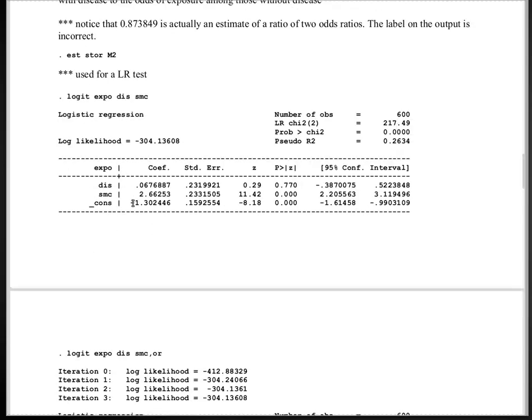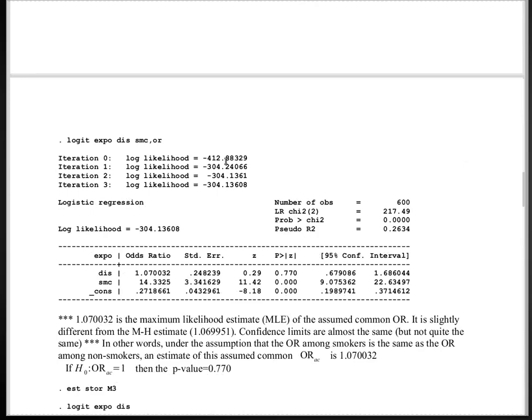We get now completely different numbers from what we got with the previous fit. And we can also get, by adding the OR option, the odds ratio estimates. And again, you can go back to the technical part at the beginning of this session, but you will then be able to see that 1.07 is the maximum likelihood estimate of the assumed common odds ratio.